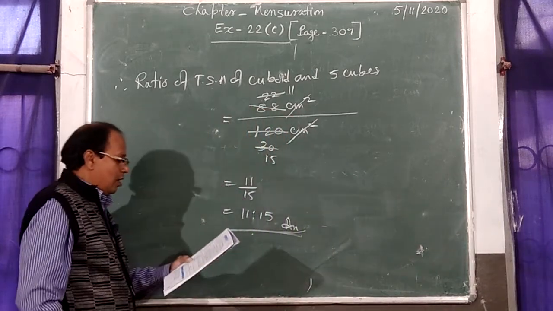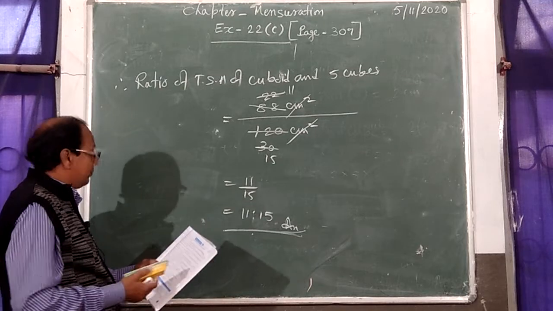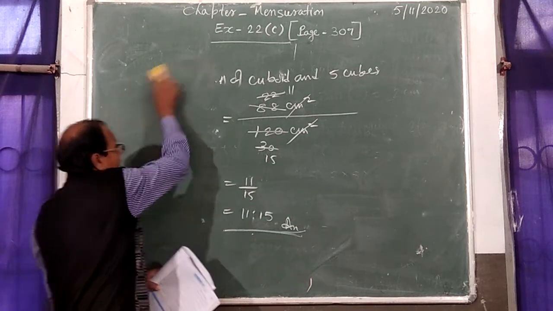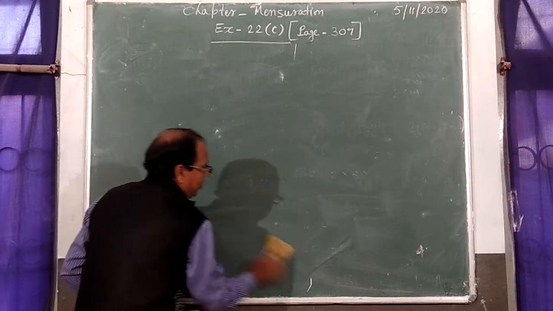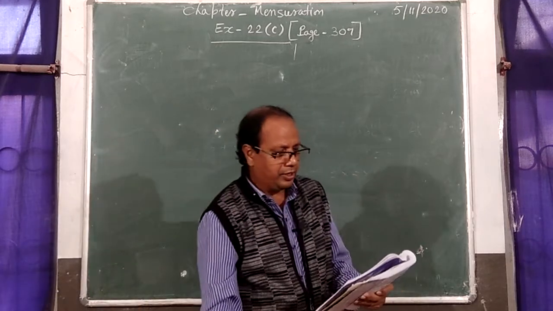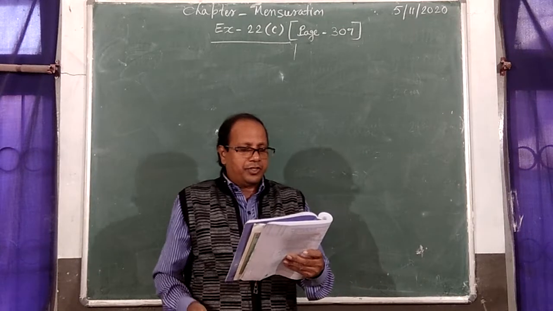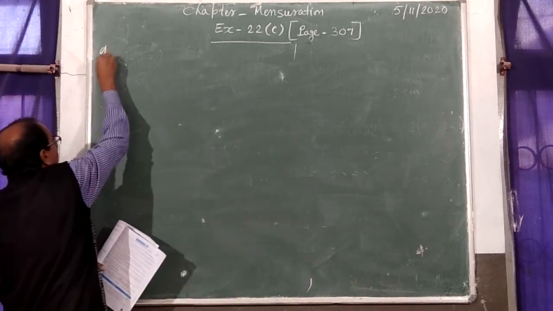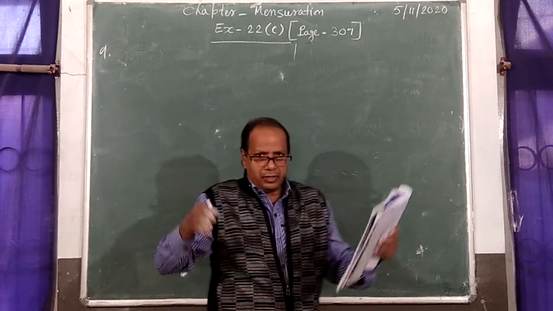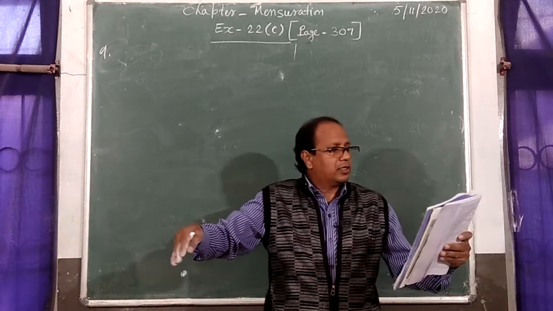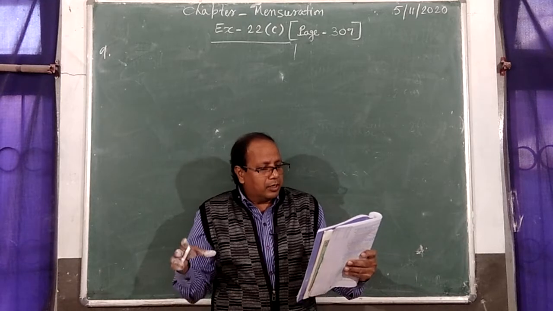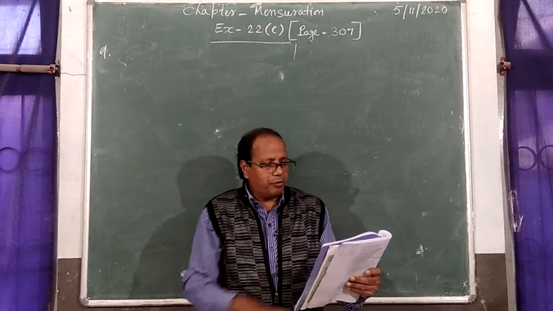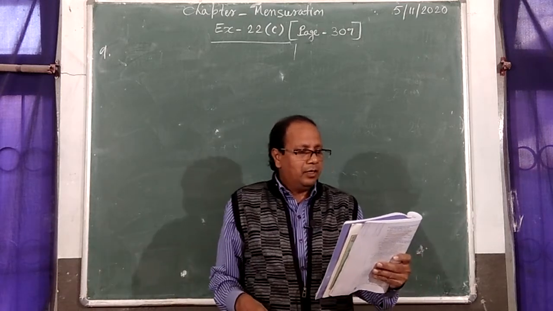Now we will go for question number 9. All the questions are little different from each other, so we have to discuss each of them elaborately. Question 9: a pit. Pit means like a small ground portion that is dug.